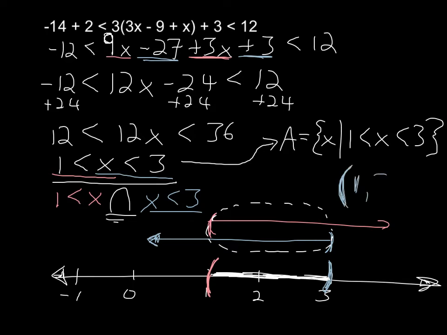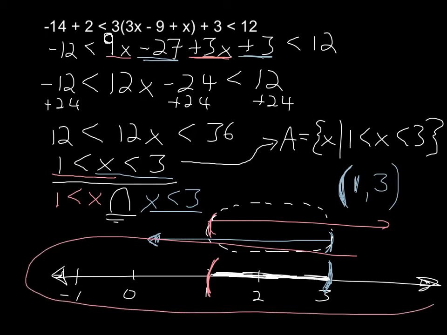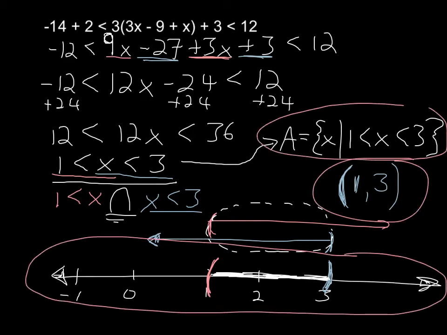Our highest number is 3, and it ends with a round paren on that side as well. Now we have all 5 notations. We have our number line, interval notation, set notation, compound inequality, and intersection.